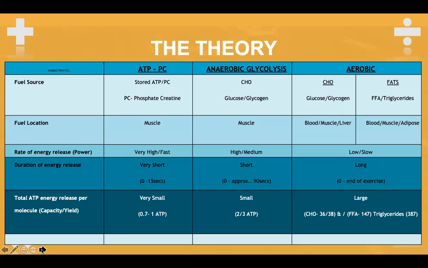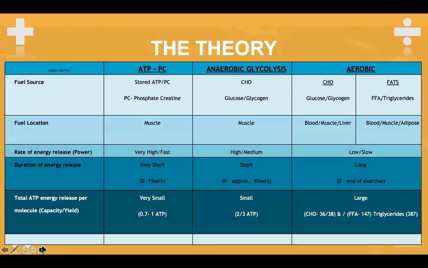The last characteristic, the total ATP energy release per molecule. So ATP-PC has a very small energy release per molecule. The anaerobic glycolysis, still small, but not as small as the ATP-PC system. And the aerobic system is very large.